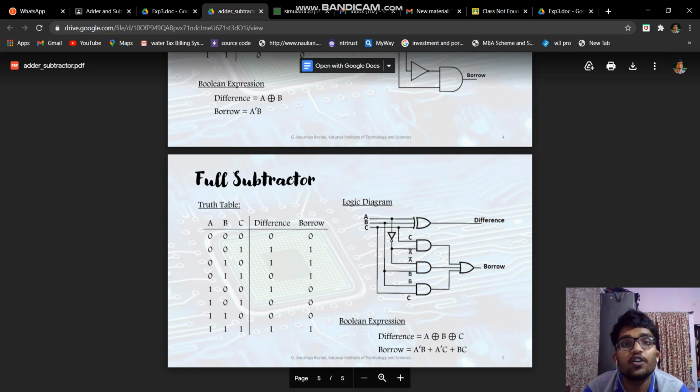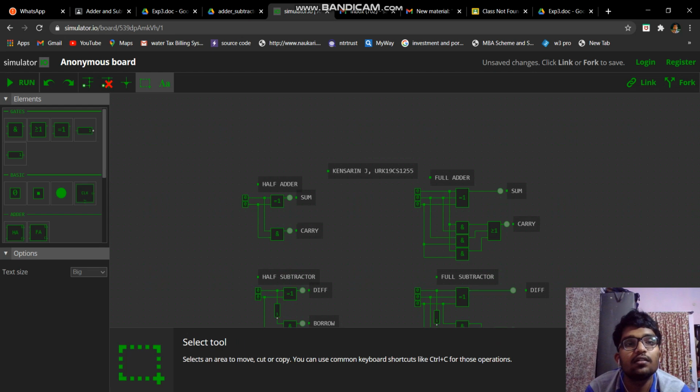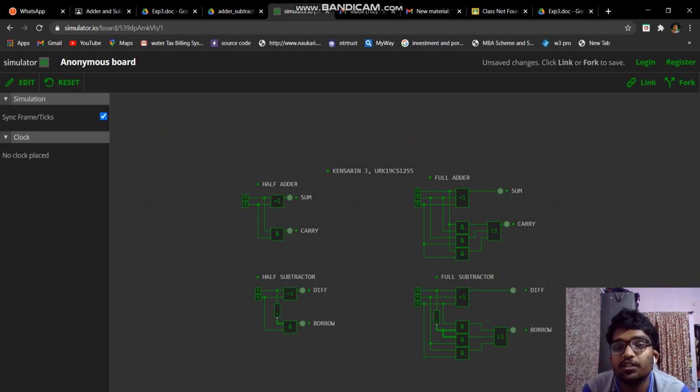So we'll cross check these outputs with our circuit. 0 0 0 would give no difference and no borrow. Let us have a name here, like borrow. Run this, and if all the inputs are 0 0 0, there will be no output; I mean difference and borrow would be low.